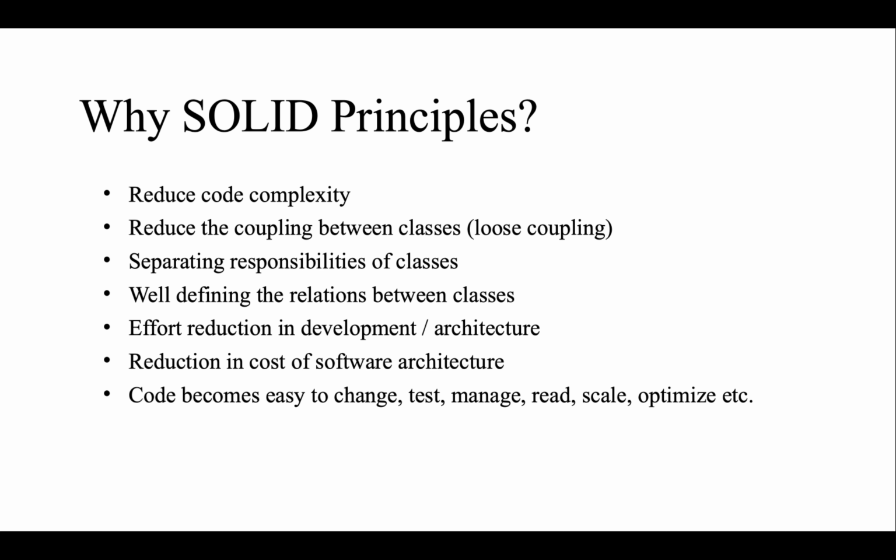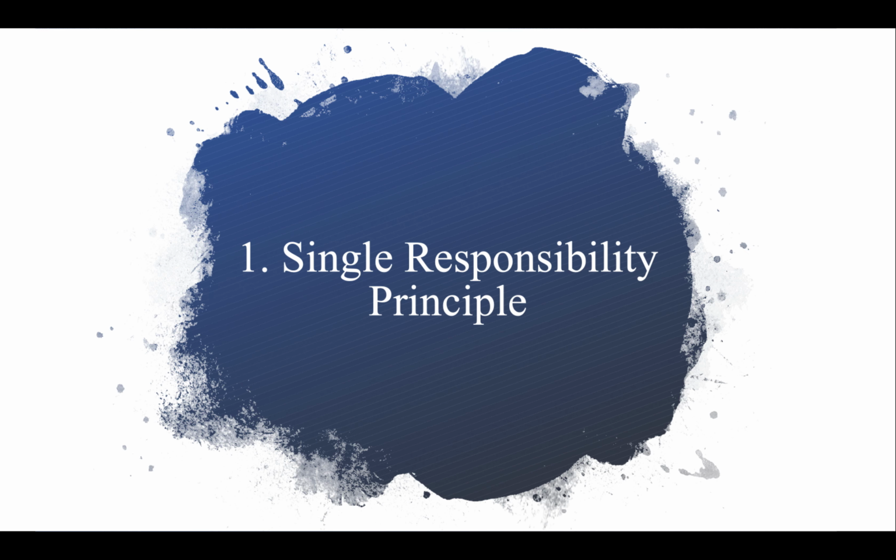Now let's start our discussion with the very first principle, that is the single responsibility principle. Why should we use it, and what will be the advantage of this principle? I'm going to follow one pattern to discuss all the 5 principles. First, we will see what we mean by the principle.